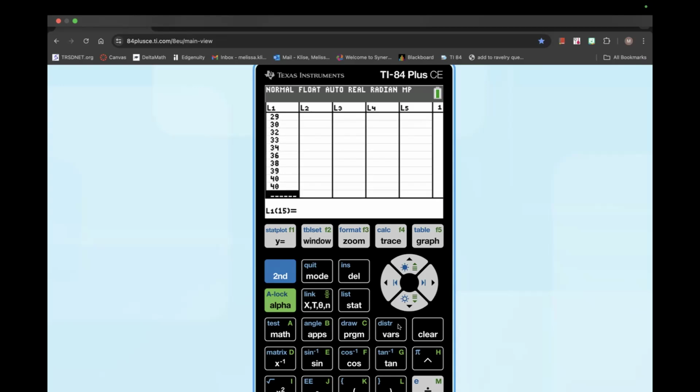So I can put all the data in here. I'm going to give you all a second to catch up. We're just going to do one variable statistics again, because I want to show you the rest of that screen. Give you all a moment to put that in there.